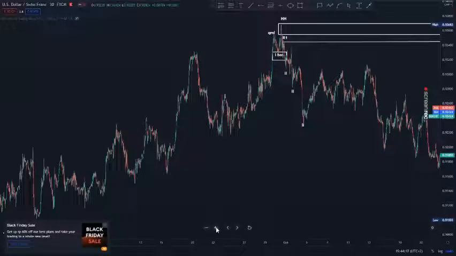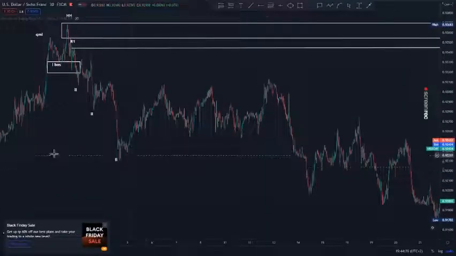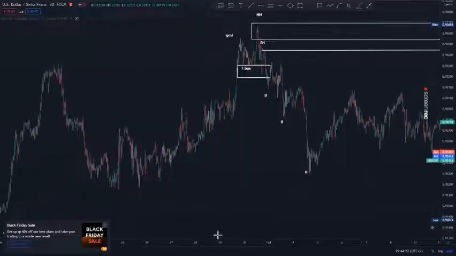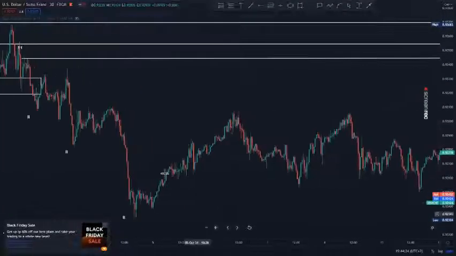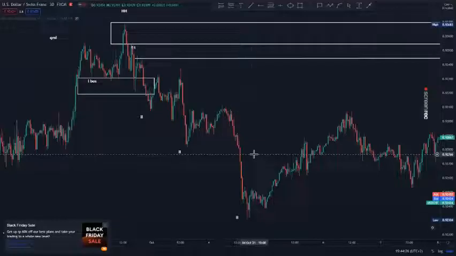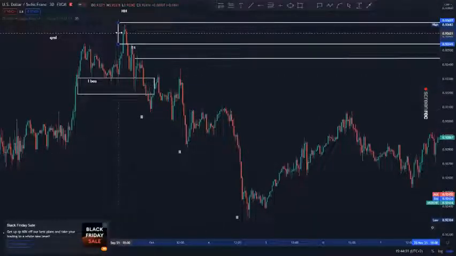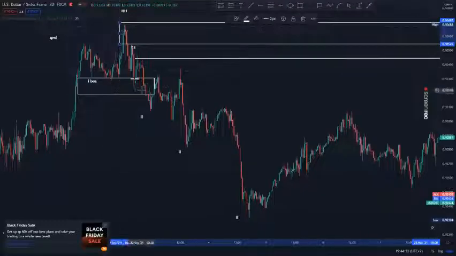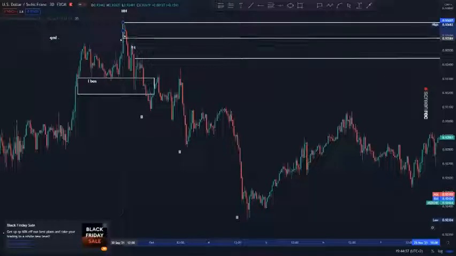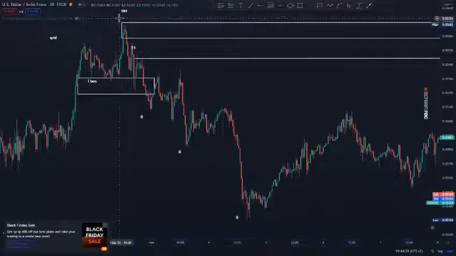So you go to your lower time frame and try to pinpoint your base. In this particular case, we had the rally base drop, so I'll look for my rally base drop. Then I'll look at that candle right there.